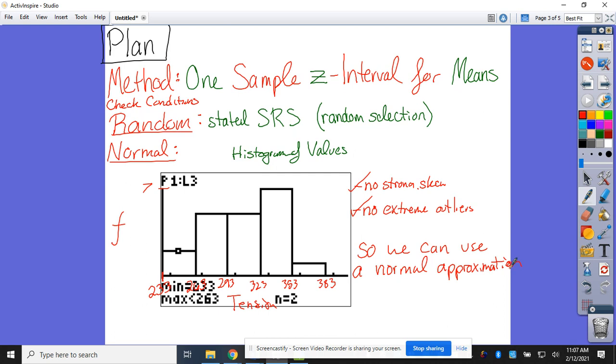But the reason I would stick to this one is that sometimes it would be fairly symmetrical and sometimes it wouldn't. But it's always going to be checking that, and then you don't have to worry about situational. Which one did I use that I did fairly symmetrical? My example problem that I did during class. I didn't mention that in my process. I would choose to go with this one, no strong skew.